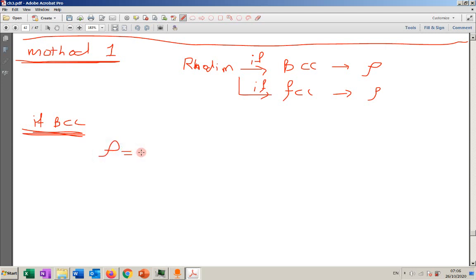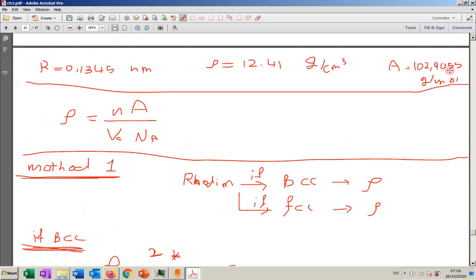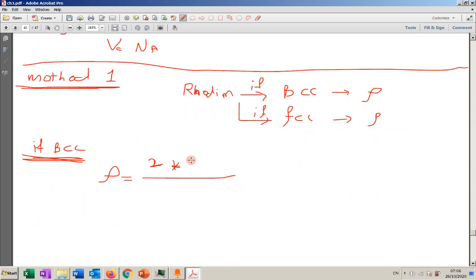density is equal to, in BCC we have two atoms, so N will be 2, atomic weight is 102.9055.